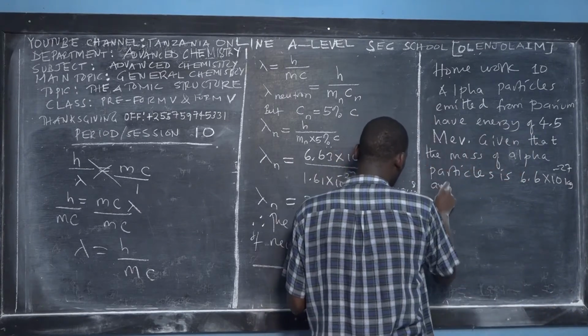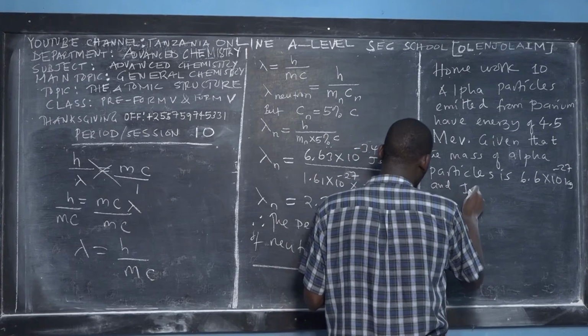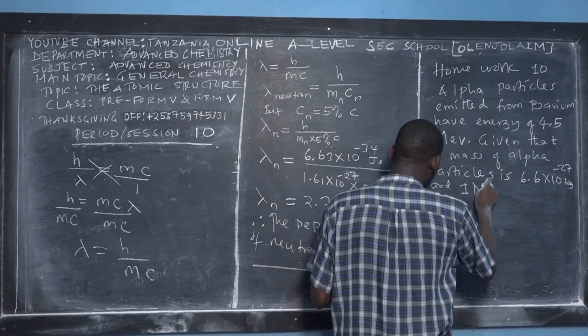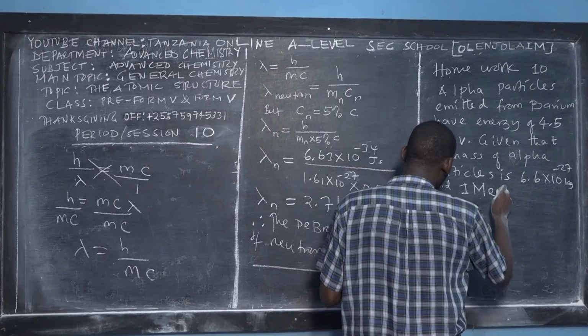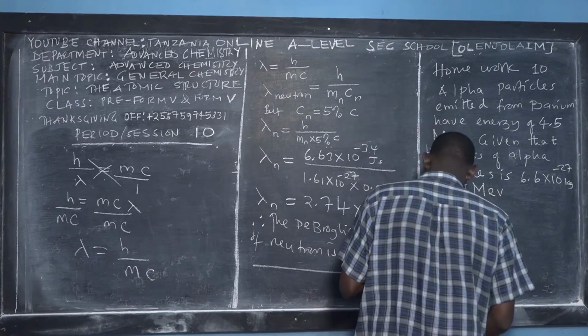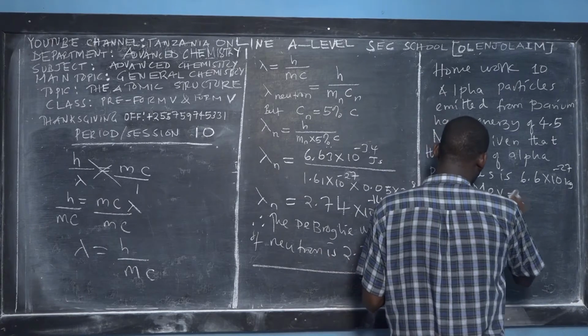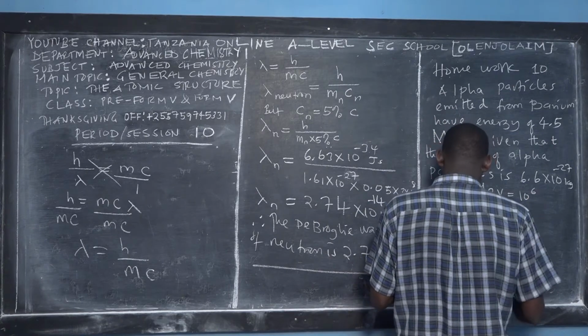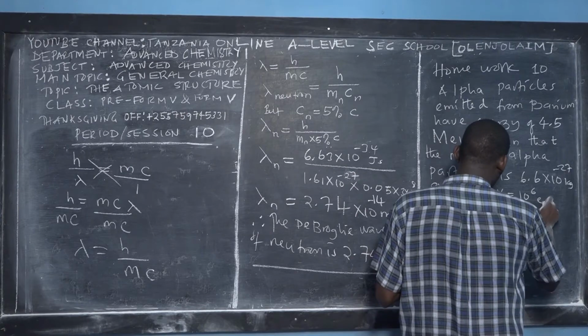And also, 1 mega electron volt is equal to 10 exponent 6 electron volt.